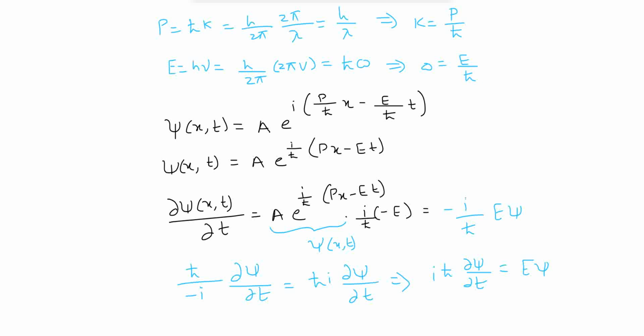So we end up with the relation between the partial time derivative of the wave function and energy. This is a mathematical correlation for energy that we obtained from the wave function.